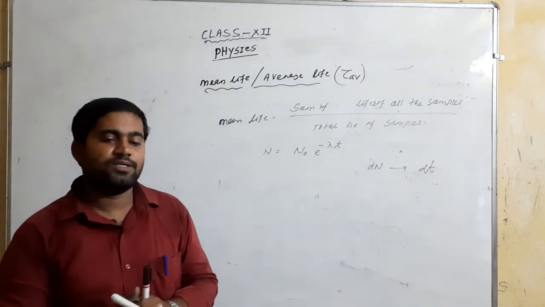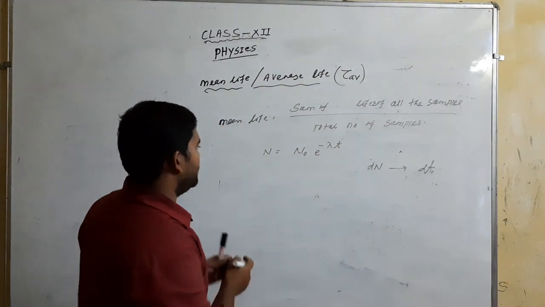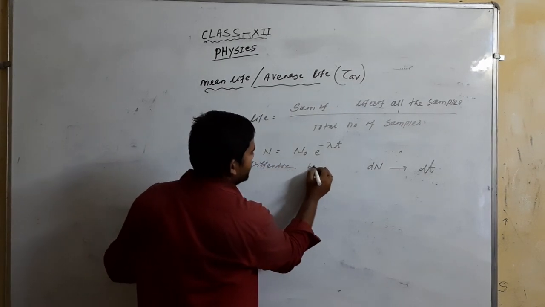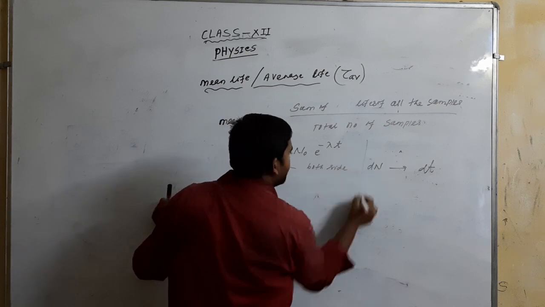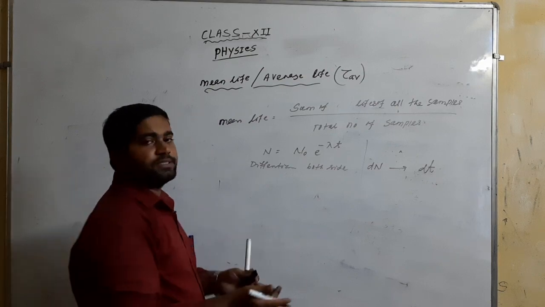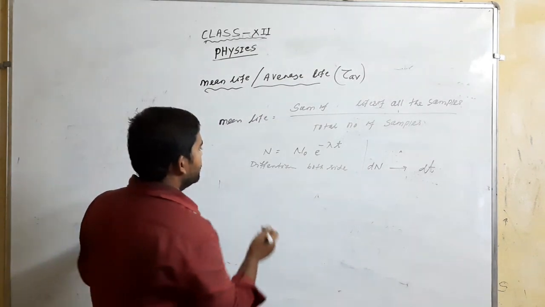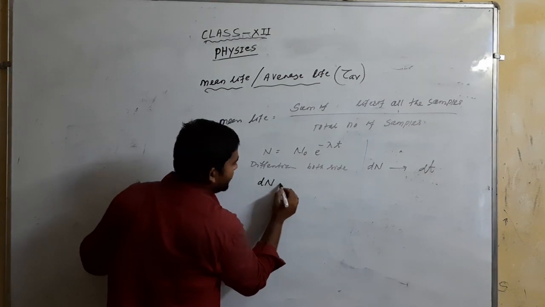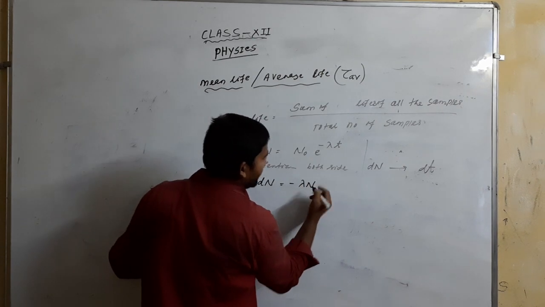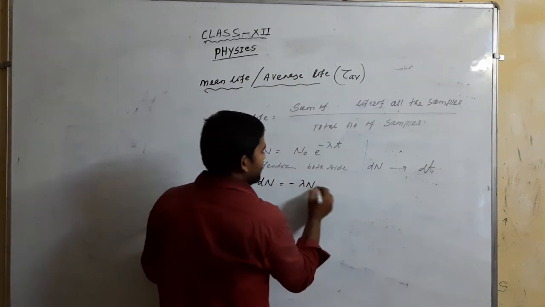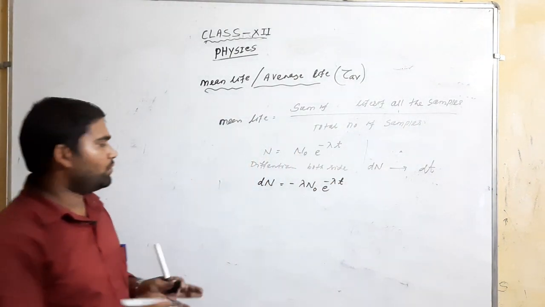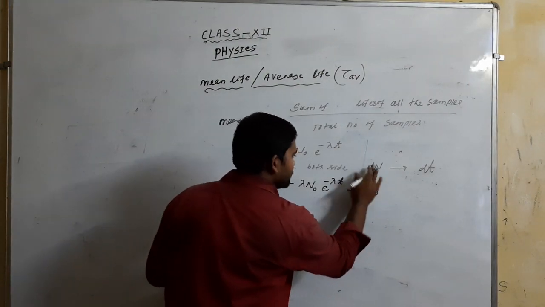Differentiating both sides with respect to t, we get dN equals minus lambda N naught e to the power minus lambda t, where lambda is a constant. Suppose this is equation 1.